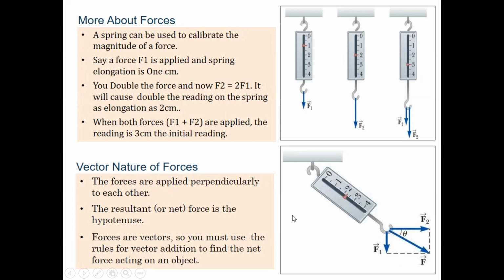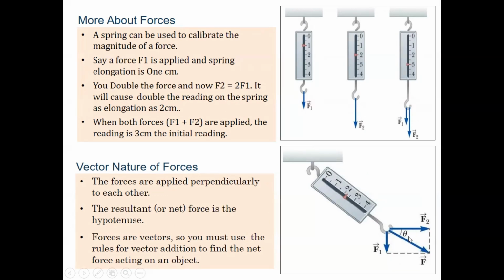There is also the vector nature of the force, in that forces depend on the angles at which they are applied, and there are resultant forces. You can see here a resultant force F which is elongating this spring, but at angle theta with respect to the horizontal axis.